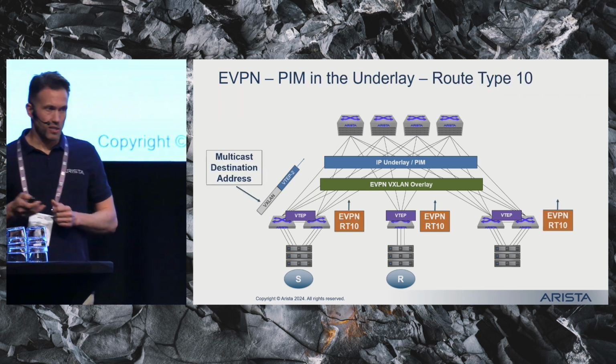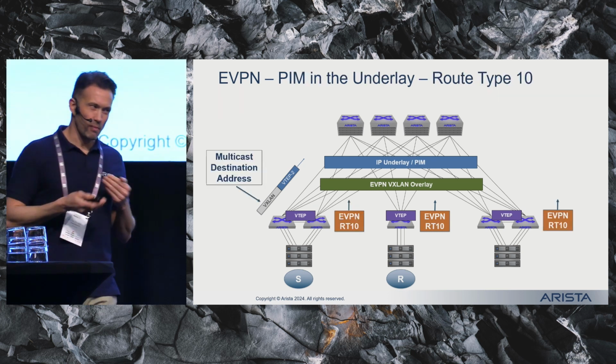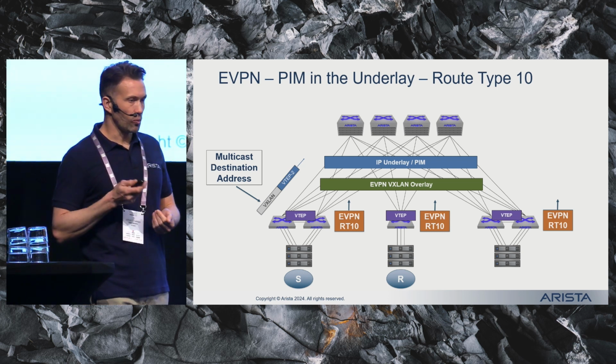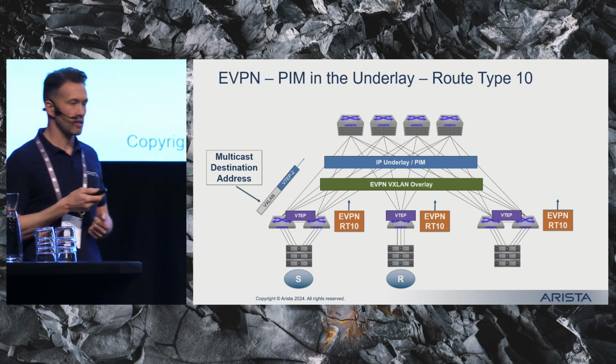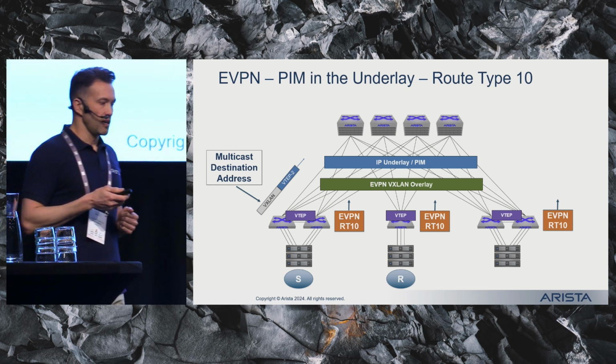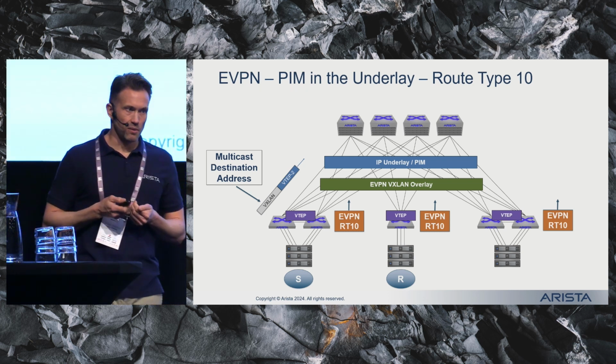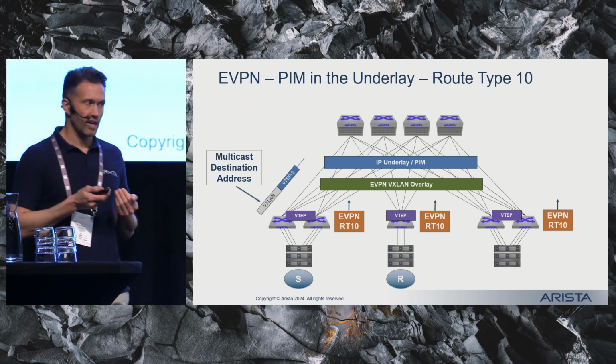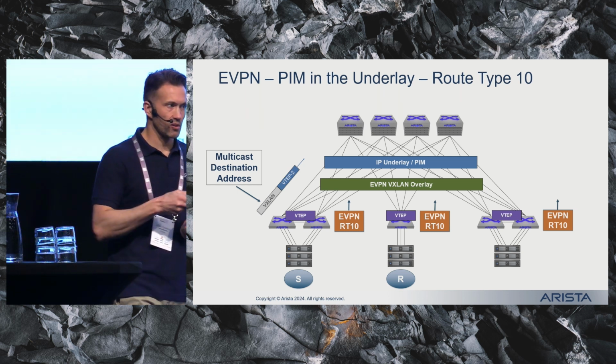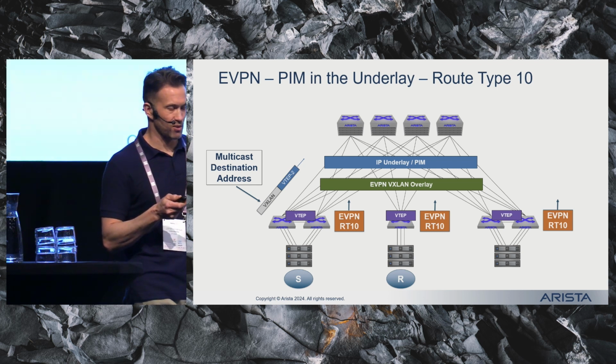To address the challenges with that ingress replication, there are multiple ways of doing this. One way is to introduce PIM in your underlay. And with route type 10, which is a new route type, a VTEP could then map a VLAN or a VRF to an underlay multicast group.